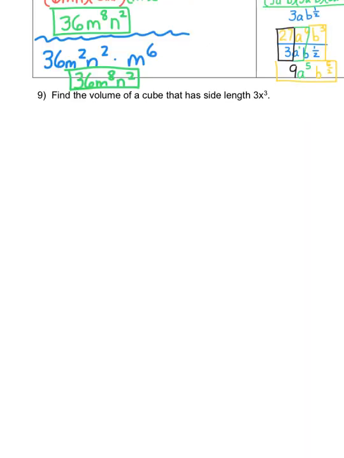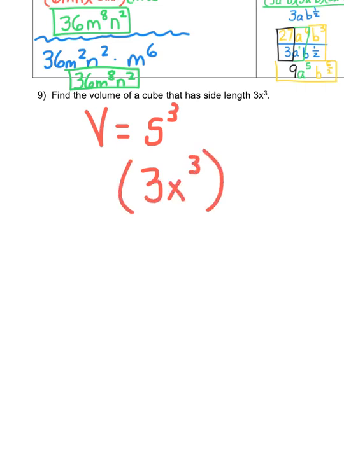Now number 9. Find the volume of a cube that has a side length 3x cubed. So if we remember how to find volume of a cube, it is side cubed. So we take the side length 3x cubed, and then that would be to the third power. So now let's simplify that.